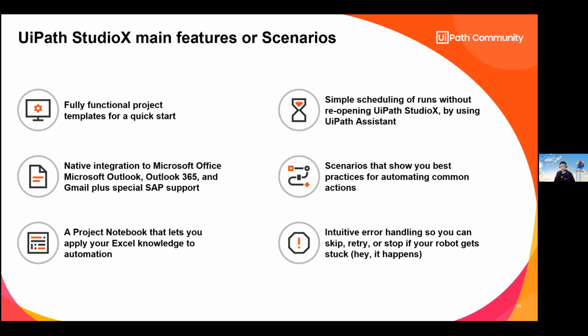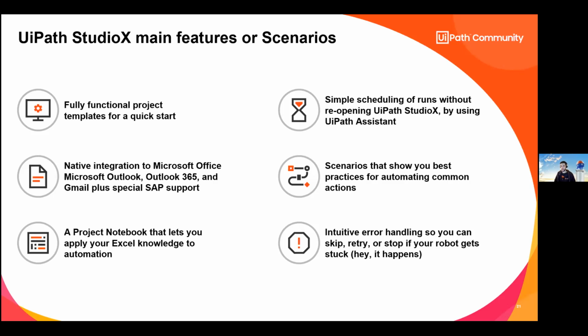You also have what is called a project notebook. It's basically an Excel file that is integrated with your UiPath Studio project, your automation project. So things that you don't know how to do in UiPath StudioX, you can do in Excel.